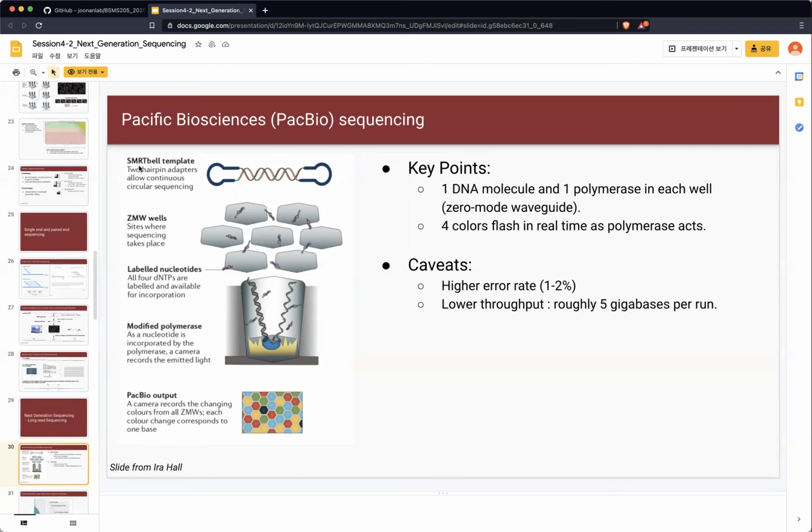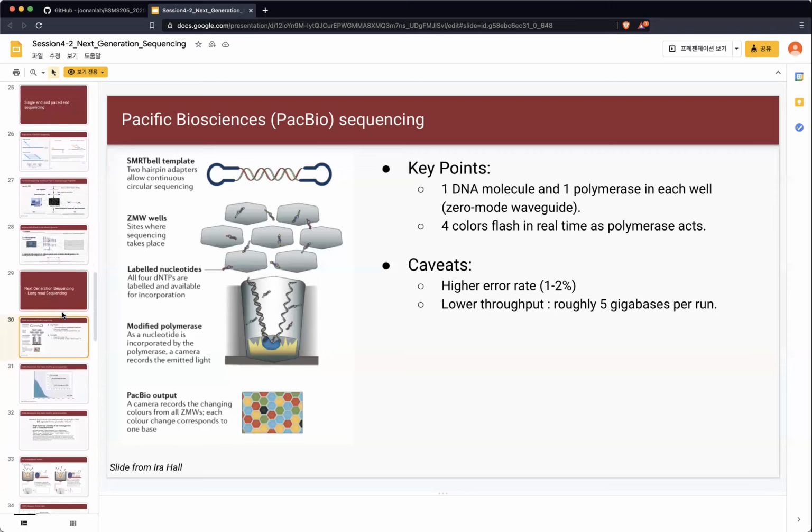So like in here, the SMRTbell template. They can use two hairpin adapters. So rather than putting it in as a single strand library, they put a much more stable format into the sequencing situation. Then they can read out the sequence information by fluorescence, as others use in their system.